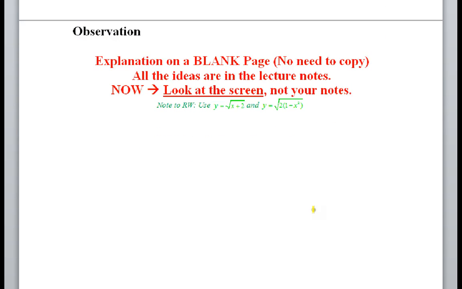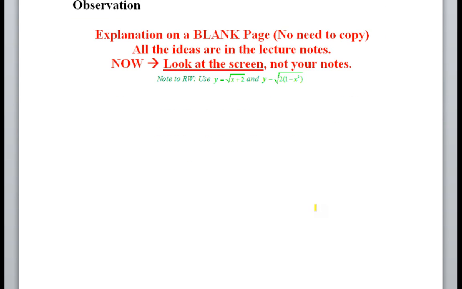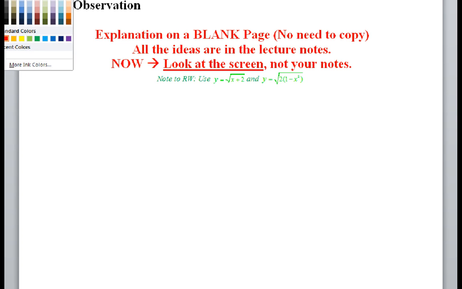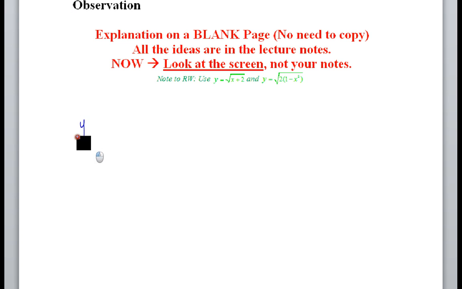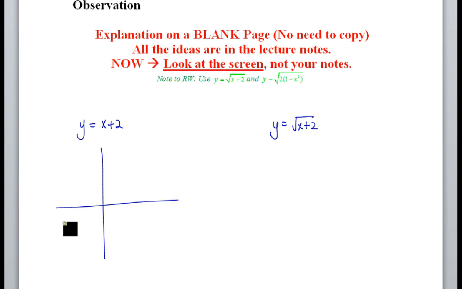Now let's use a simple example. y equals x plus 2 again. I like to use this one, and y equals square root of x plus 2. This is easy.